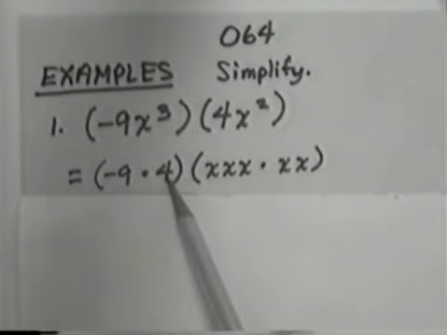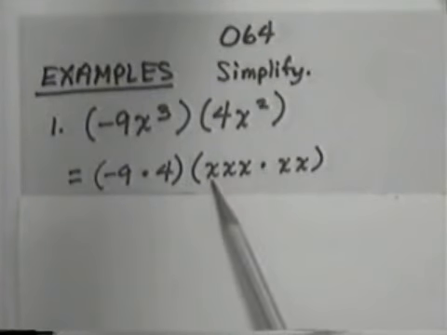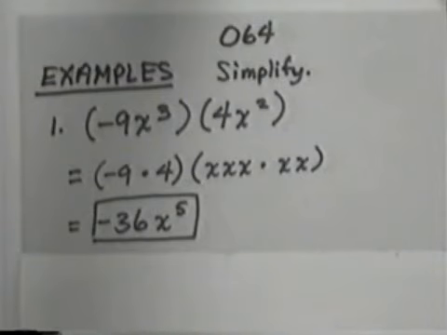Now we multiply the negative 9 times 4 to get negative 36. X times x times x times x times x means we're using x as a factor 5 times, and writing that in exponential form gives us negative 36x to the power 5 as our final answer.